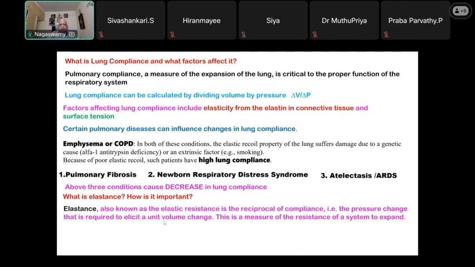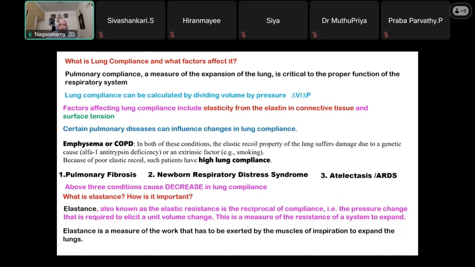Elastance, also known as elastic resistance, is a reciprocal of your compliance: the pressure change that is required to elicit a unit change in lung volume. This is a measure of the resistance of the system to expand. So elastance is a measure of the work that has to be exerted by the muscles of inspiration to expand the lungs, and the pressure that you have to exert is called the elastance.